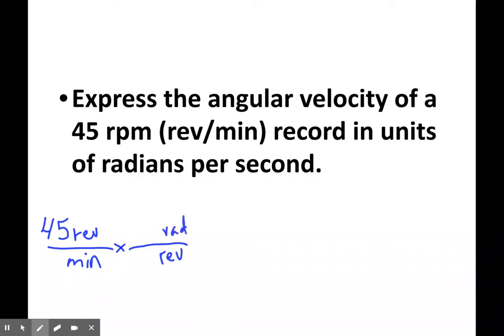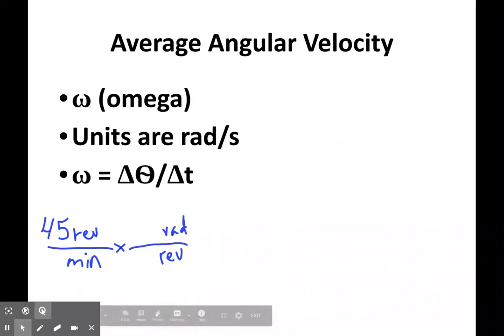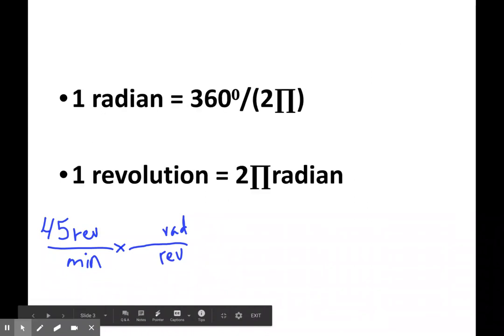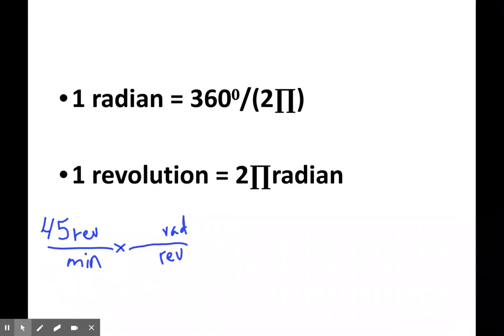So if we look back, our last slide told us that between radians and revolutions, 1 revolution is equal to 2 pi radians. That's a 1. So we will use that as our conversion. We also wanted this in seconds.